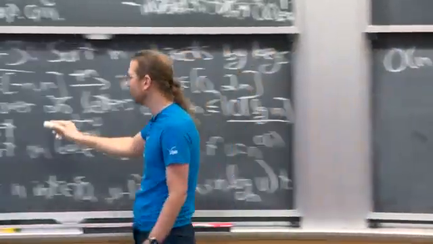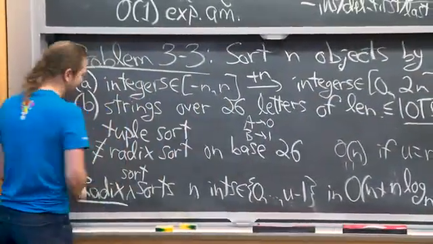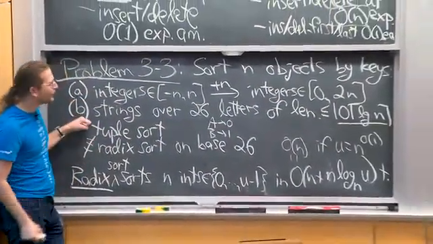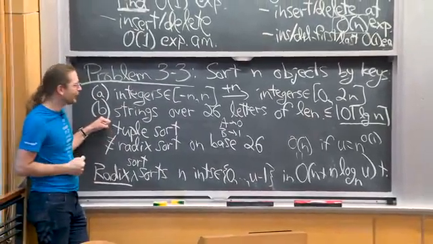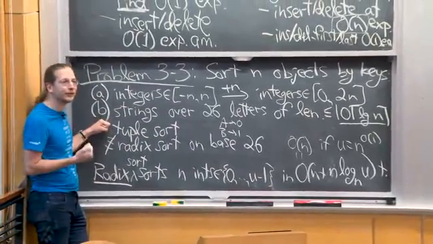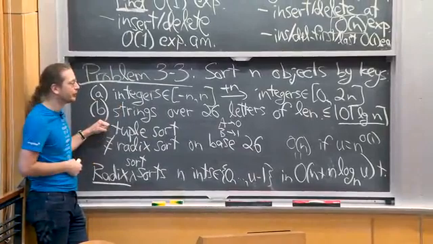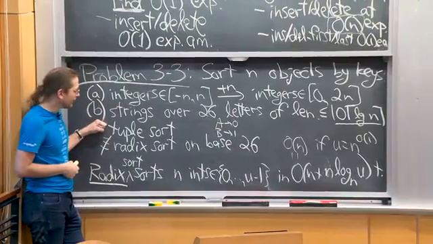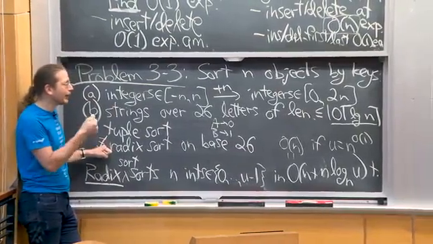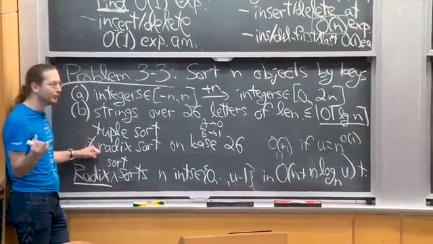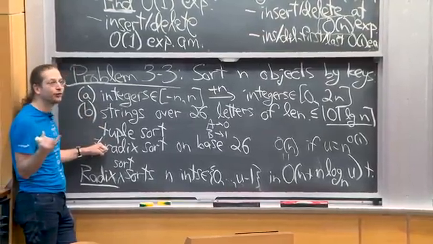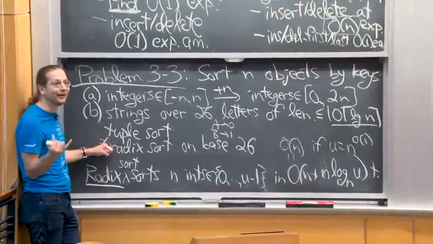However, so that's the tuple sort, so I should really make this not equivalent. If I run tuple sort letter by letter, I'm running counting sort log n times, and so I get n log n because each one takes linear time. If I map my strings into numbers first, radix sort doesn't use base 26, it uses base n.